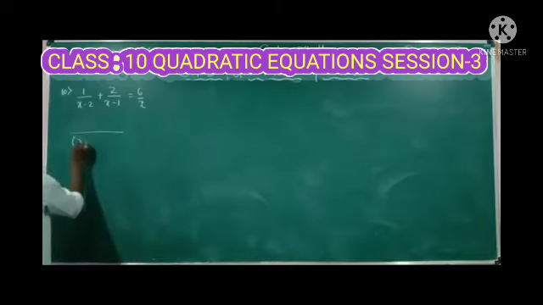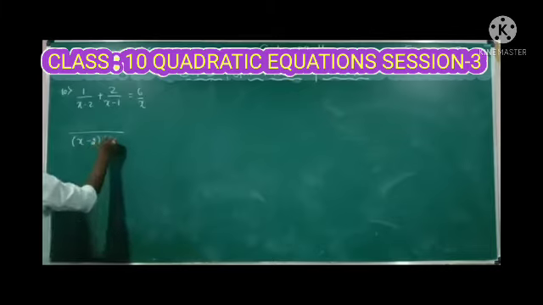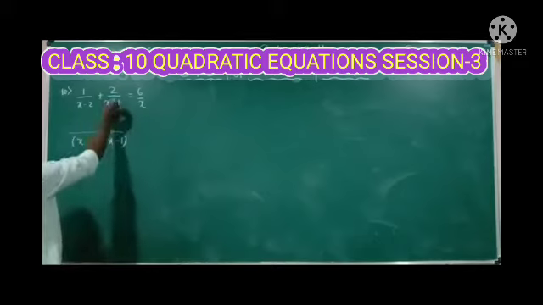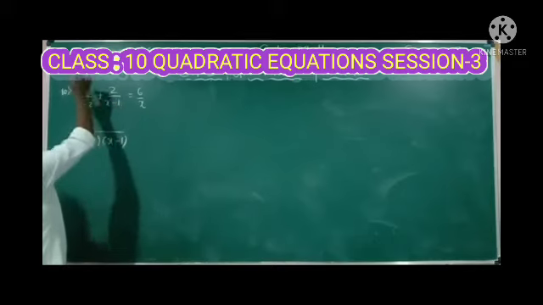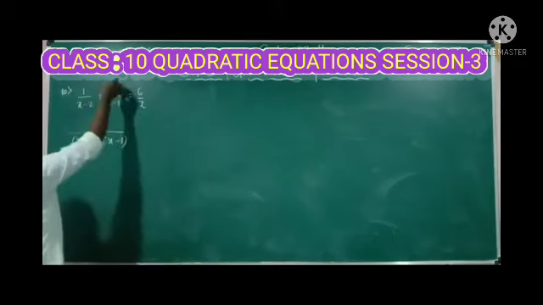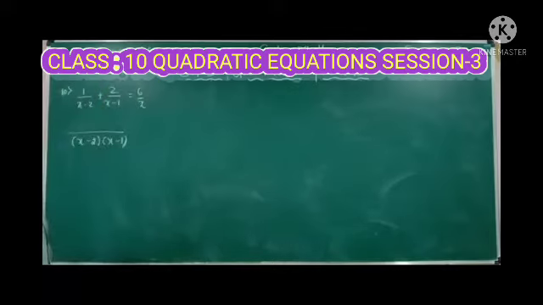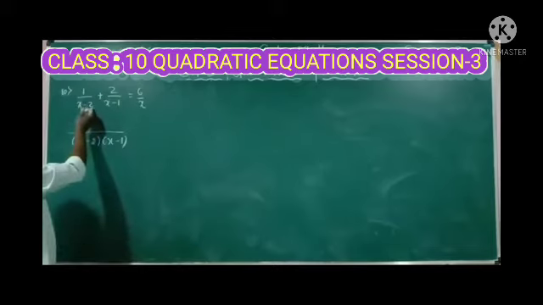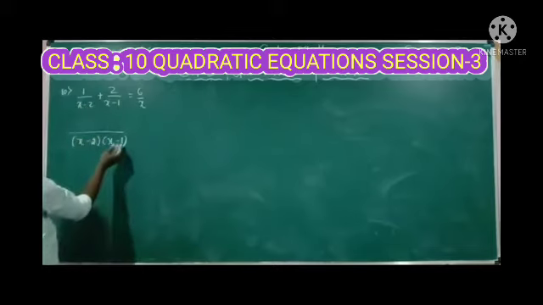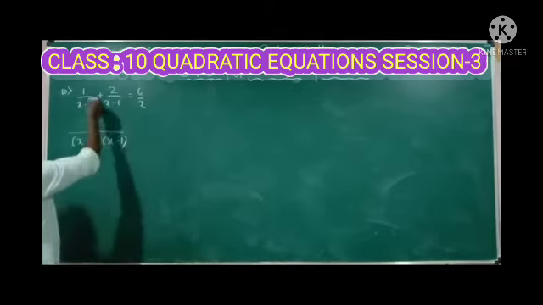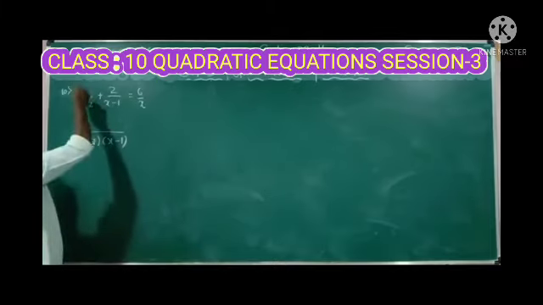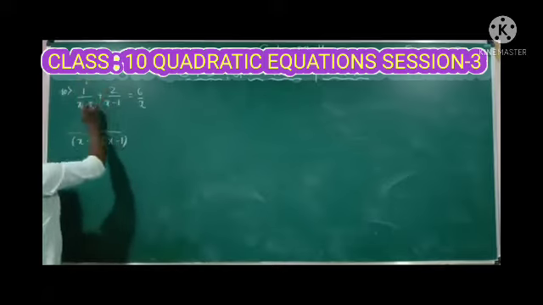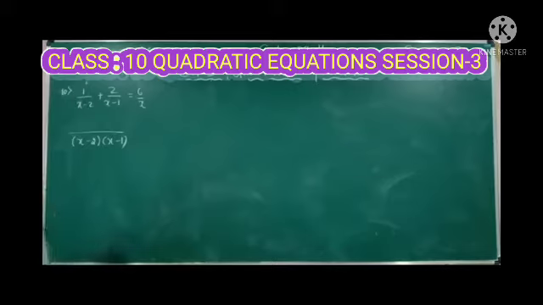The LCM is (x minus 2) into (x minus 1). Now multiply the second denominator to the first term, and the first denominator to the second numerator, because here x minus 2 and x minus 1 make the LCM. The x minus 2 term is already existing in the first term, so we need to multiply by the other denominator.